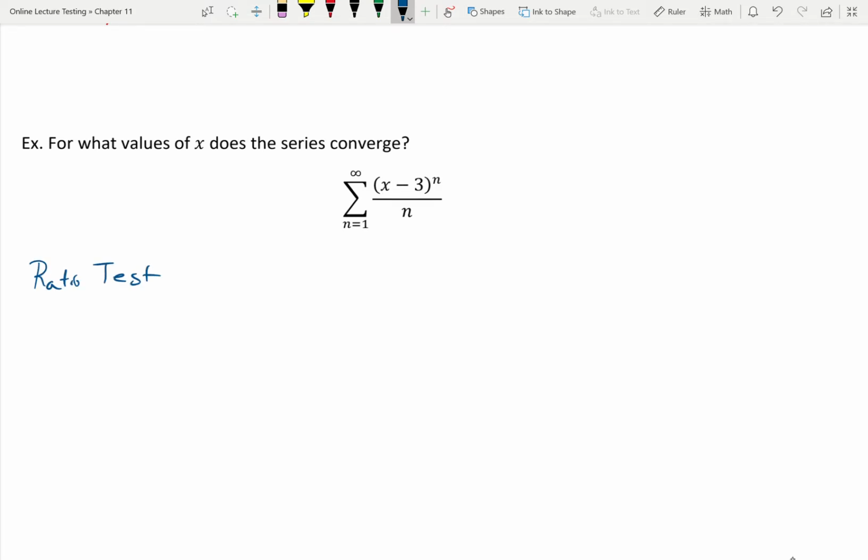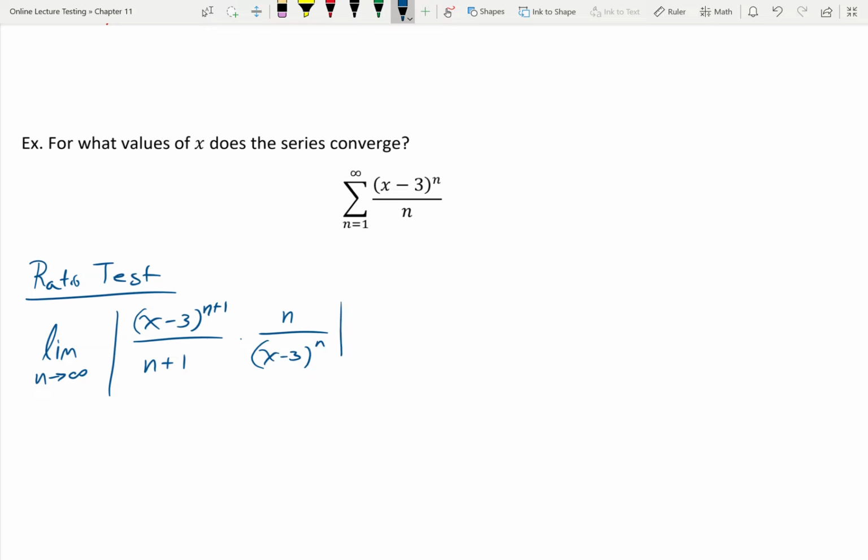The ratio test. All right. So we're going to take the limit as n approaches infinity of the absolute value of (x − 3)^(n+1) divided by (n + 1), times the reciprocal of a_n, so n divided by (x − 3)^n.